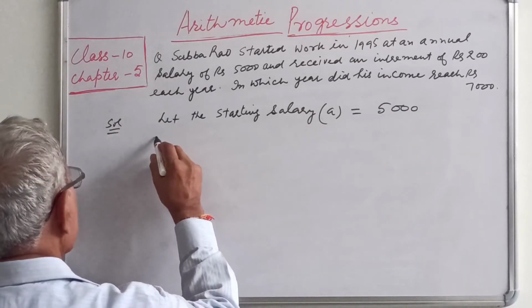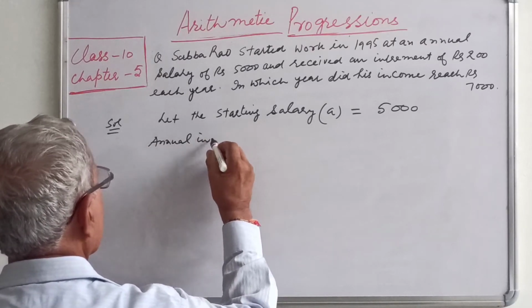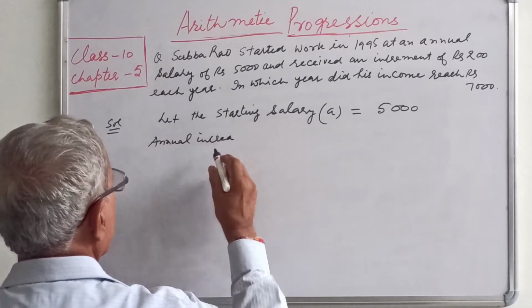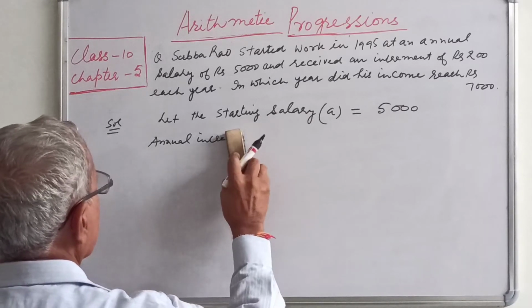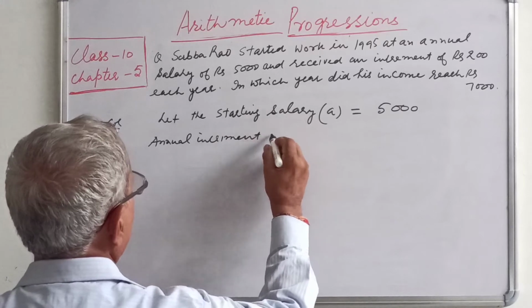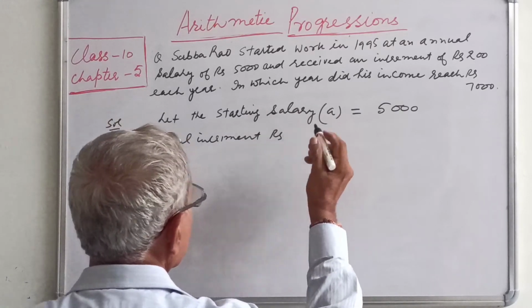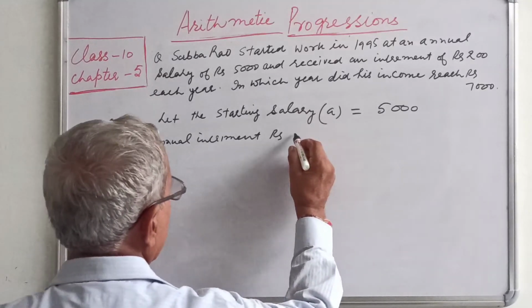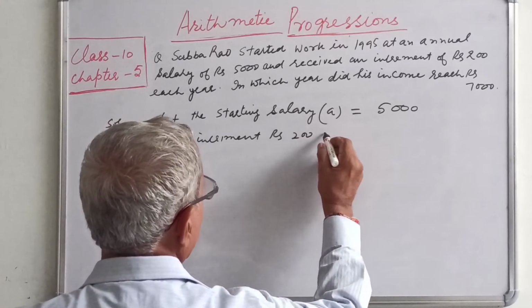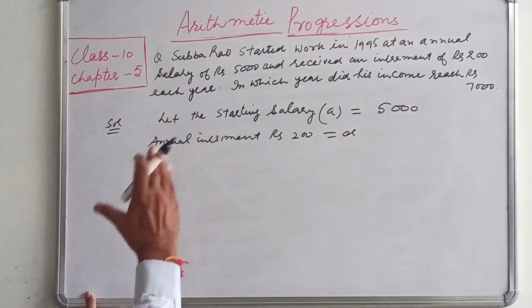So annual increment rupees 200, that will be the D, means common difference for each year.